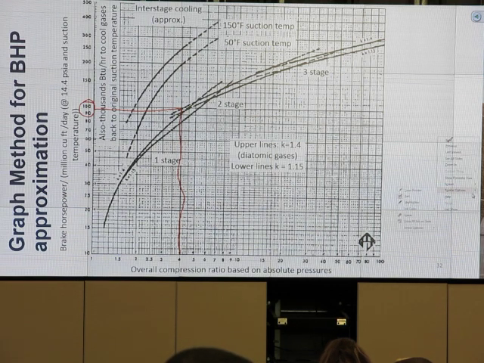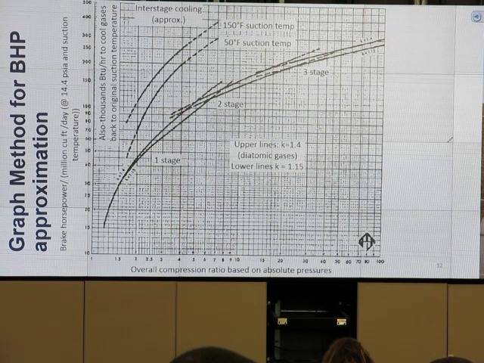Next I want to do the cooling capacity calculation. I have a compression ratio of 4, and I go up. I don't have a 100 line, so I draw a new one: 100 Fahrenheit at suction temperature.